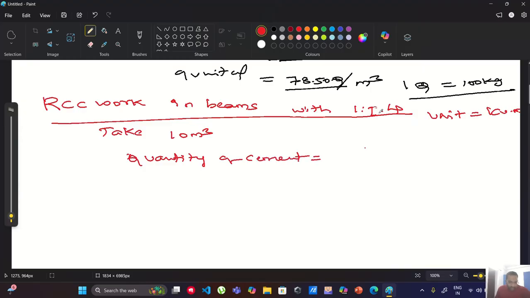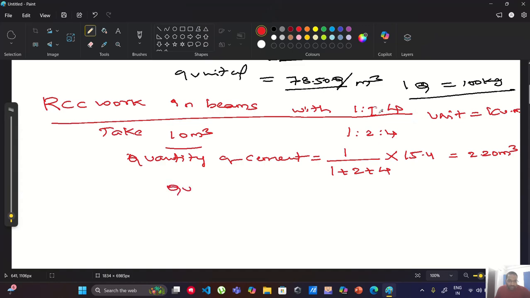For 1 is to 2 is to 4 proportion, cement is 1 divided by 1 plus 2 plus 4, times 10 cubic meter as the unit, but we have to consider an extra 50 to 60%, that is dry volume. So 15.4, it will be equal to 2.20 cubic meter. This is the quantity of cement.